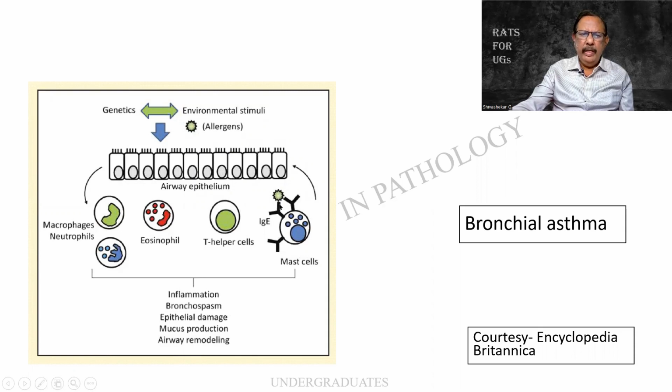When the antibodies are there side by side, they get cross-linked by this allergen. There is a contraction and a degranulation. This will lead to attraction of eosinophils also, and various chemical mediators will be produced, as a result of which you get inflammation, bronchospasm, muscular contraction, epithelial damage, etc.